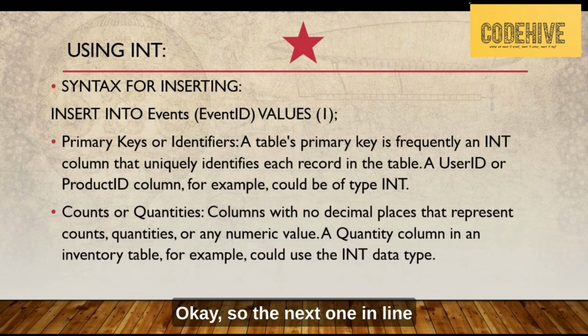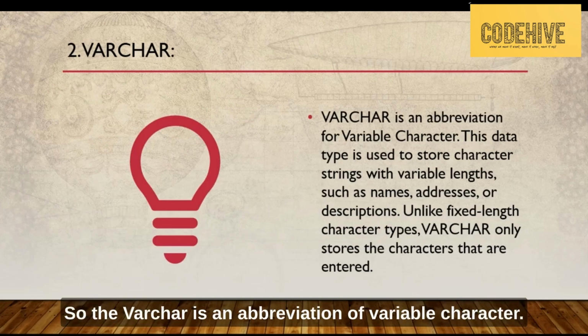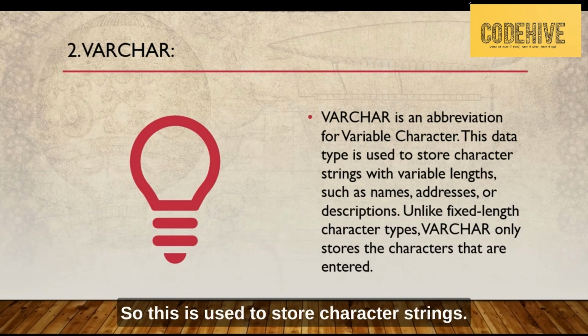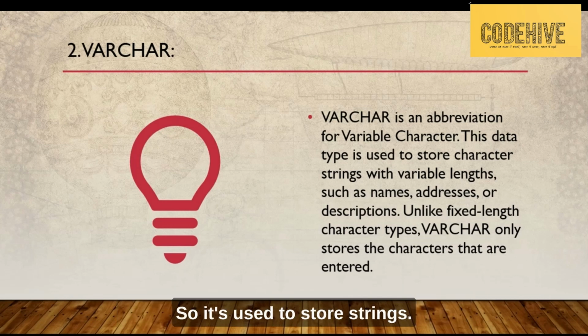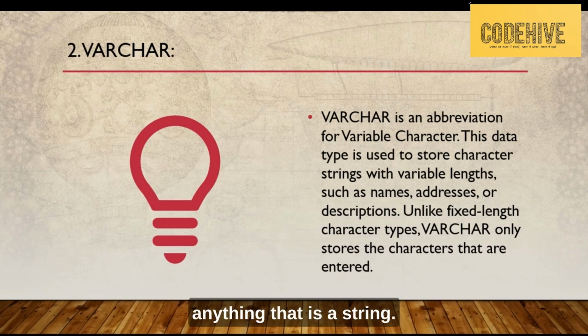The next one in line is the VARCHAR data type. VARCHAR is an abbreviation of variable character. It is used to store character strings, so names, surnames, addresses, descriptions, anything that is a string, meaning letters, or letters mixed with numbers.